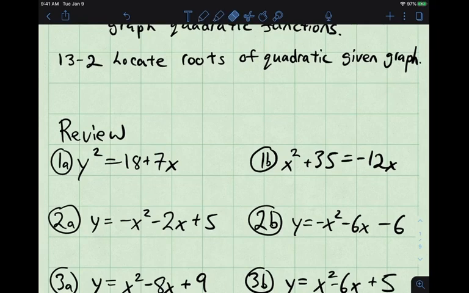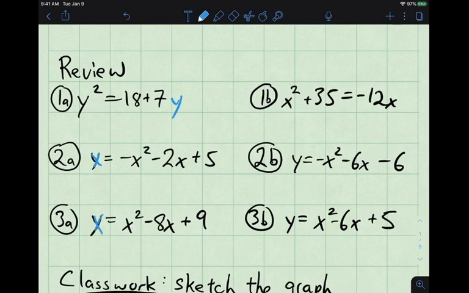The variables have to be the same. My mistake. Actually, those ones could stay.